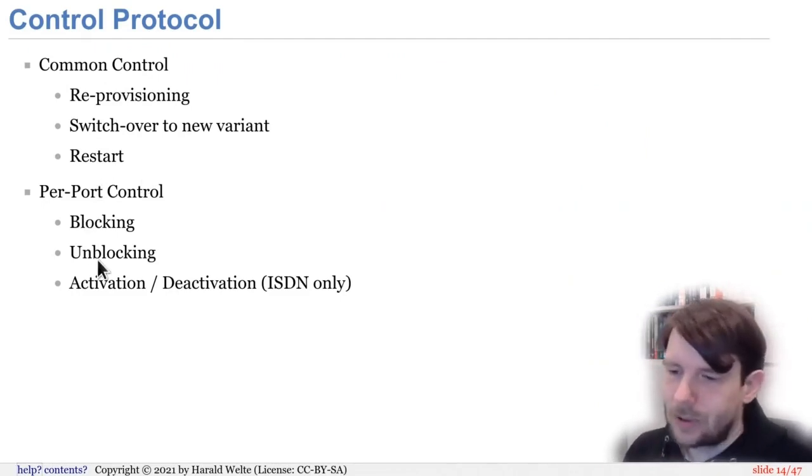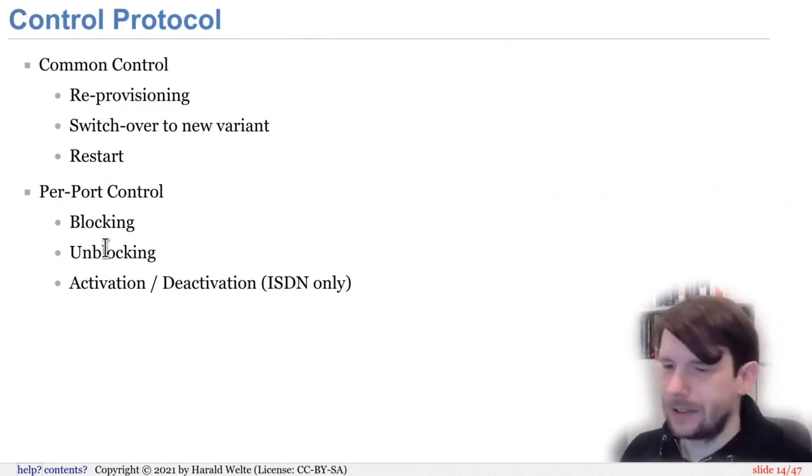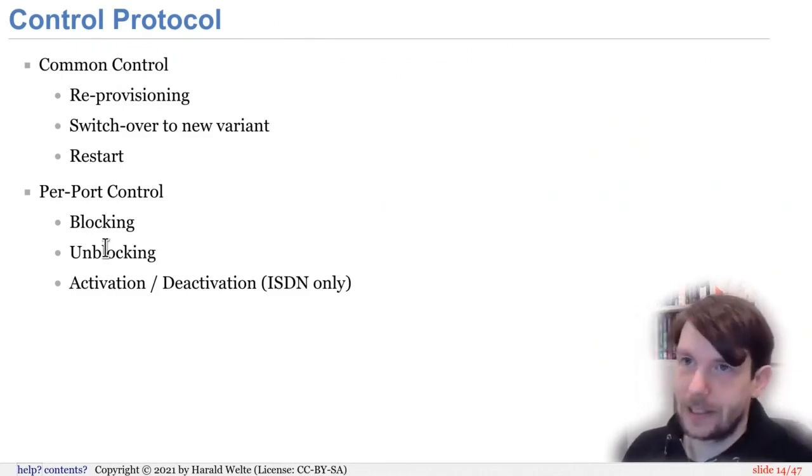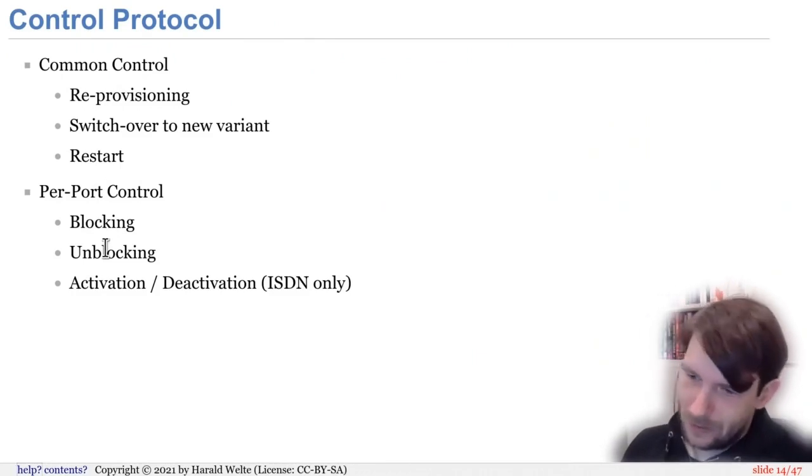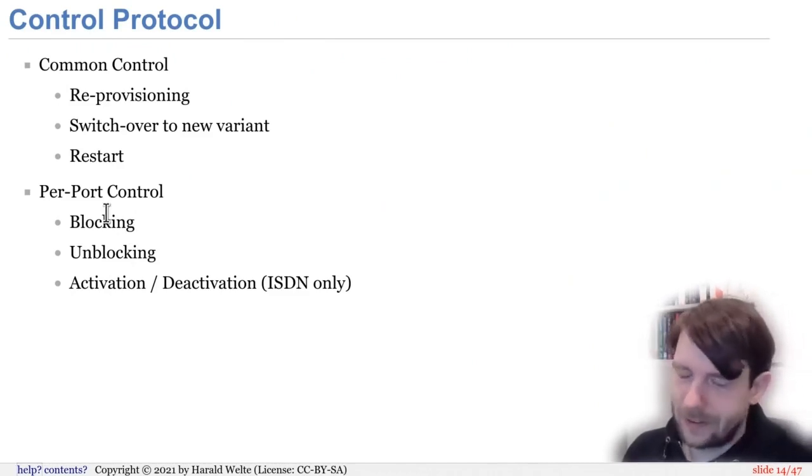And on the per port control, we have the blocking and unblocking procedures, which are basically to bring a line into service or to take a line out of service. Let's say a subscriber cancels his subscription, then you would, of course, block that line. Or equally, if a subscriber comes into service, you unblock the line and thereby allow it to be used in the system at all.